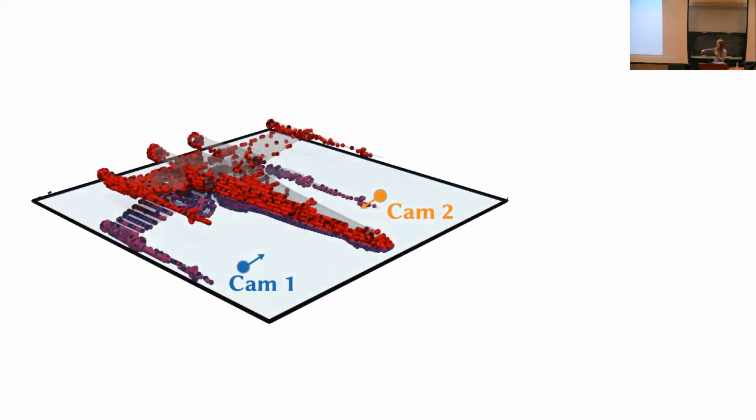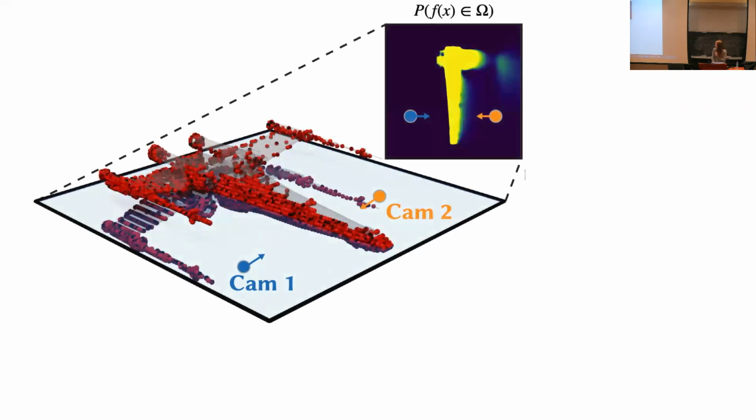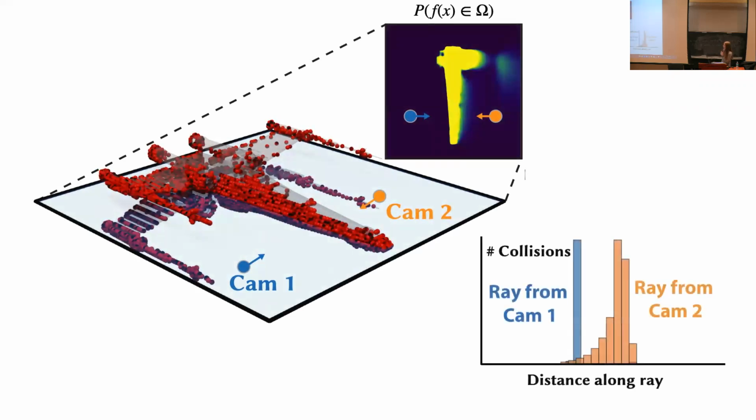I placed two cameras, one aiming at the place with the most points and one aiming at the place with the least points. We compute this same field and simulate rays that hit the surface, and we see that the ones from one camera are obviously more certain, whereas there's a wider spread for the ones from the camera that's aiming away from the data.